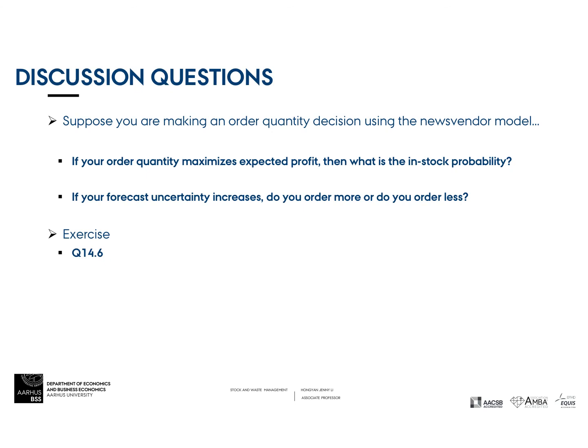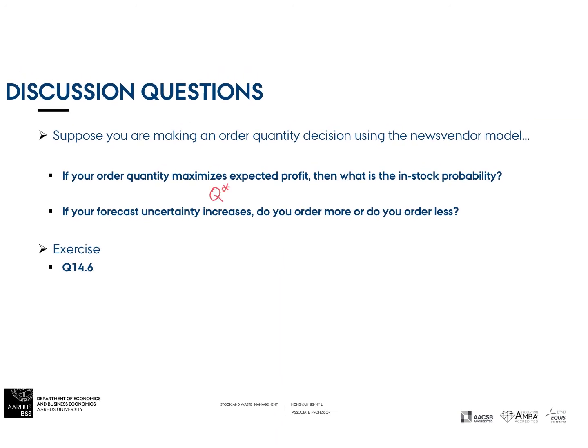So there are two discussion questions. The first question: if your order quantity maximizes expected profit, then that means your Q star equals the inverse of your normal distribution function at your critical ratio, and then that means your in-stock probability is F(Q star).